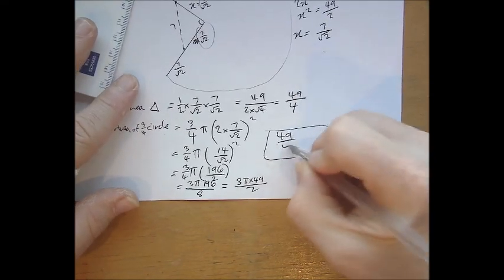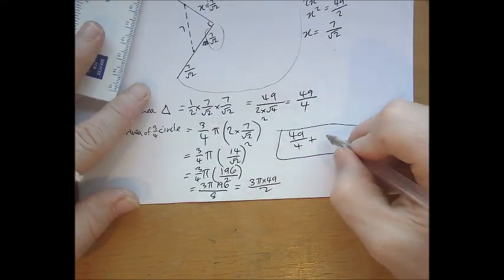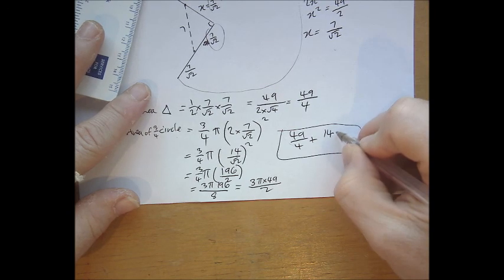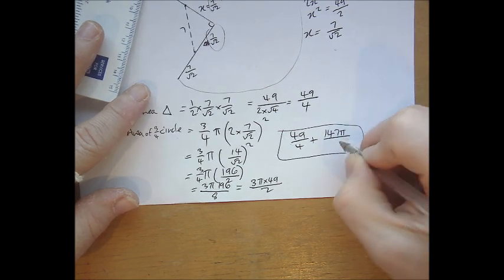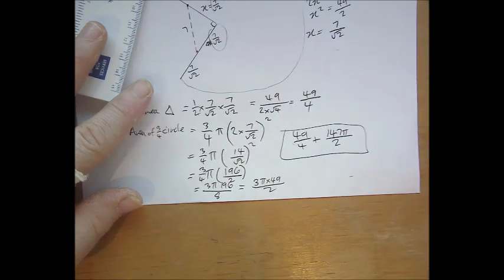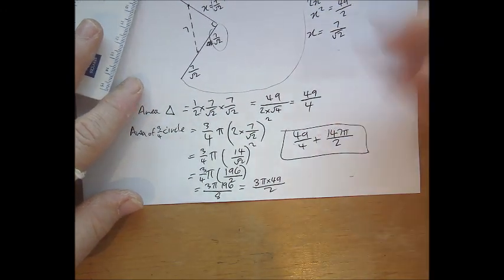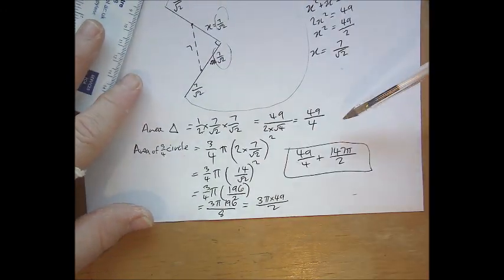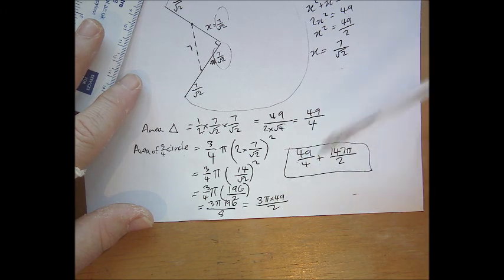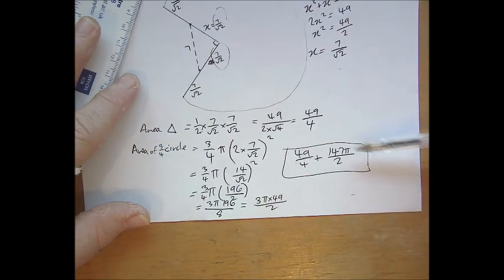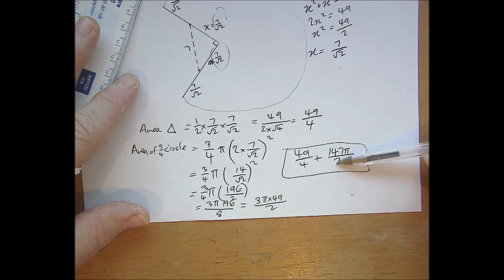So the grand total is 49 over 4 plus 147 pi over 2. Let's just do an estimate to make sure it's sensible. So that's about 10. Pi is about a 3, so pi divided by 2 is 1.5.